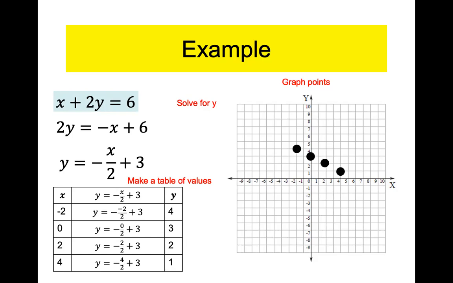We make you do at least 3 points because what happens if you make a math mistake? Then this point will wind up right here, and you're like, well, that doesn't make a line, and you get to know immediately you made a math mistake. If we only make you do 2 points, and your first one is right, and your second one is wrong, guess what? You still get a line.